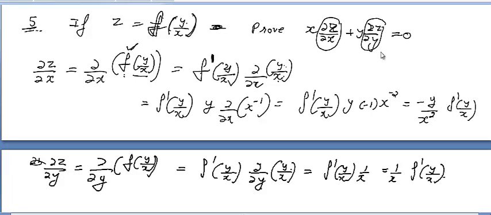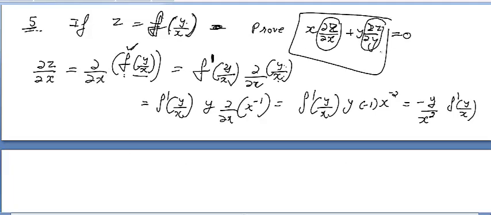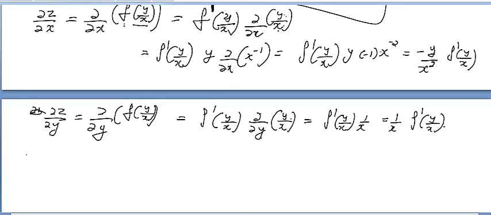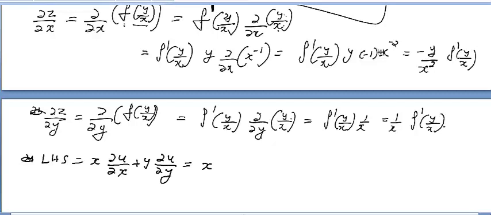Now you will take the left hand side of this. The left hand side is x curl u by curl x plus y curl u by curl y. I will substitute the value of curl z by curl x, which is this.